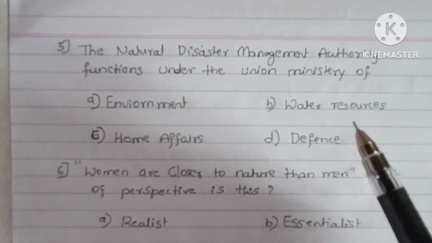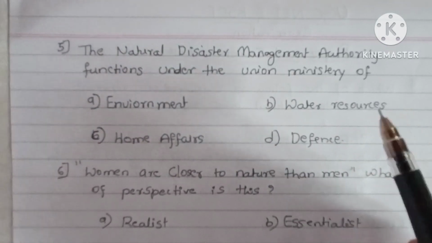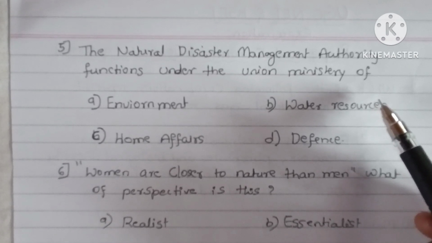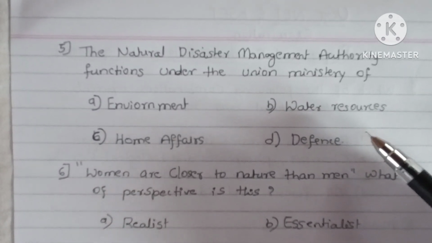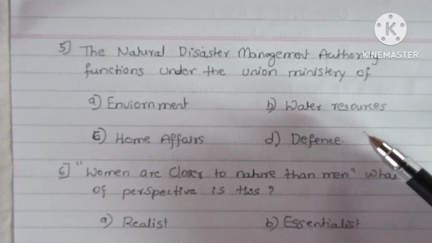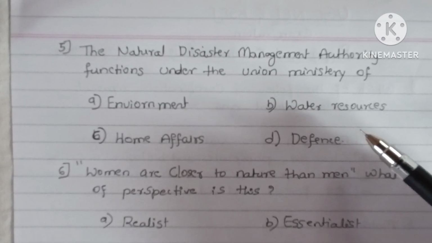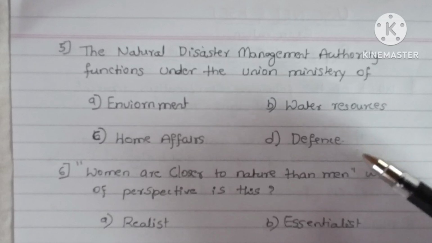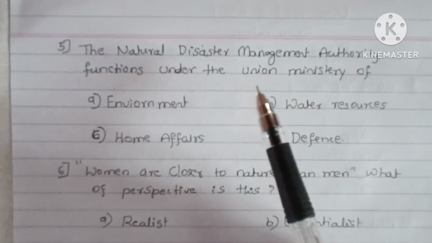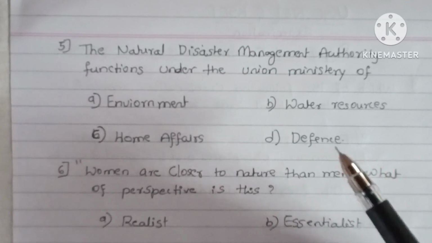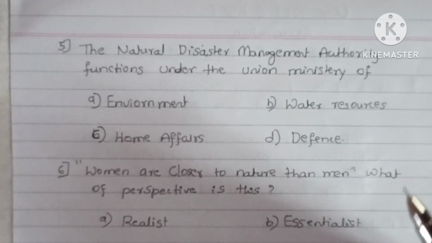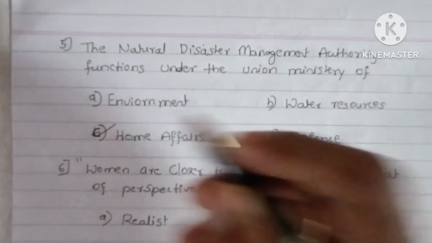This authority is headed by the Prime Minister of India. It has 5 major divisions: policy and plans, mitigation, operation and communication, communication and technology, and administration and finance. So, option C is the right answer.